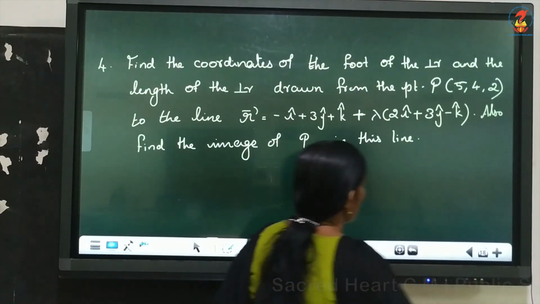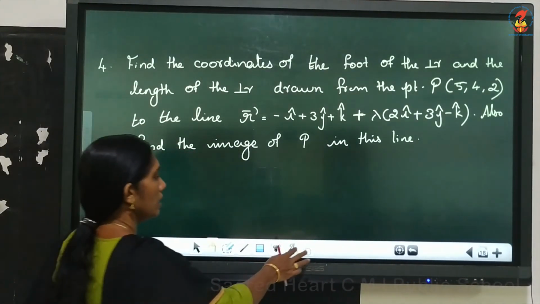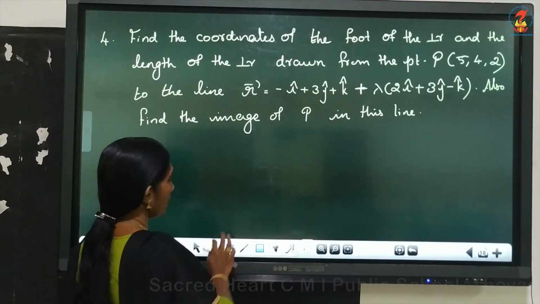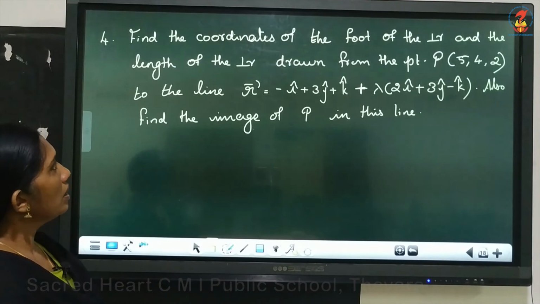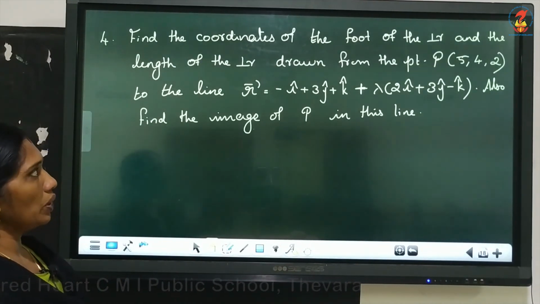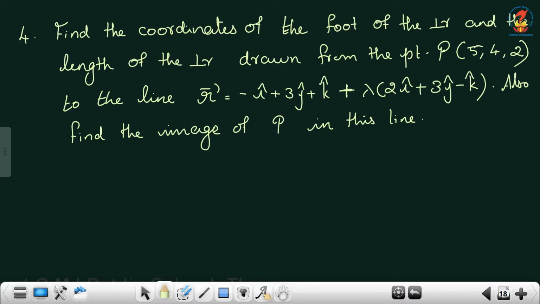And one more question, children. This is an important question. Find the coordinates of the foot of the perpendicular and the length of the perpendicular drawn from the point 5, 4, 2 to the line. Also find the image of P in this line.